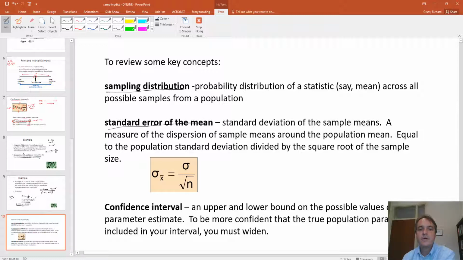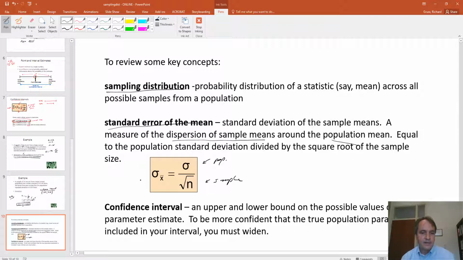The standard error of the mean gives you a measure of the dispersion of the sample means around the population mean. It's the variability in the population divided by the square root of the size of your sample, and this entire thing is the standard error. The larger your standard error, the more variability there is across your samples.